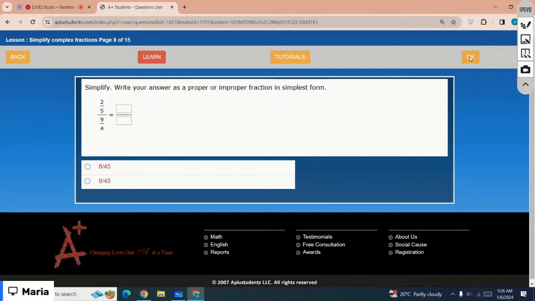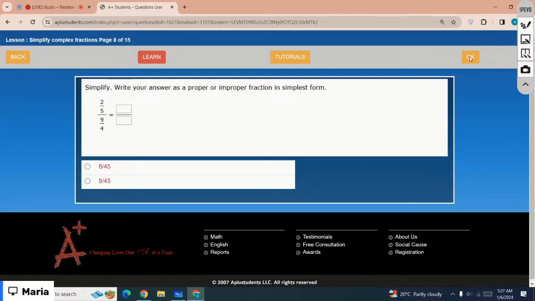Simplify 2 over 5 divided by 9 over 4. Which is the correct option? The correct option is 9 over 45, right?